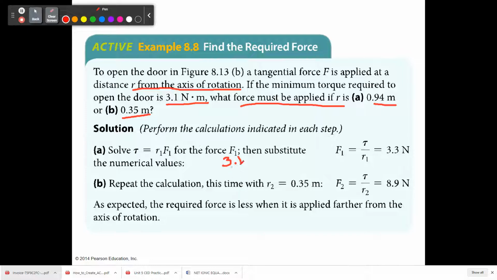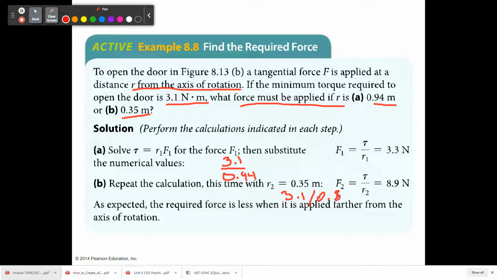So we're going to just plug into the formula. 3.1 divided by the radius of 0.94 gives us 3.3 newtons, if I'm not mistaken. 3.1 divided by 0.94, yes. Then we'll do the same thing here. Again, 3.1 is our torque, and we're going to divide that by 0.35.